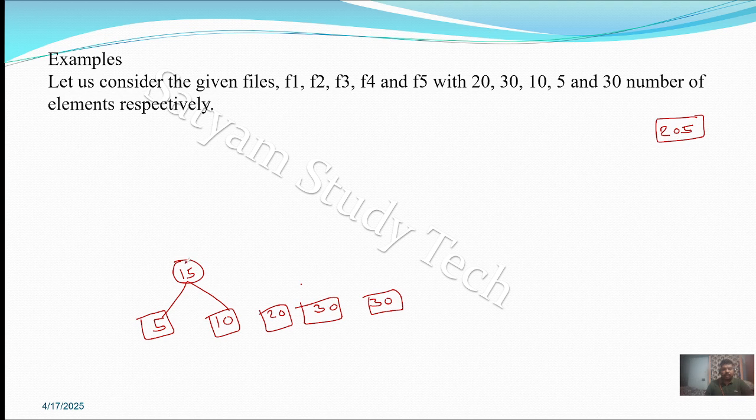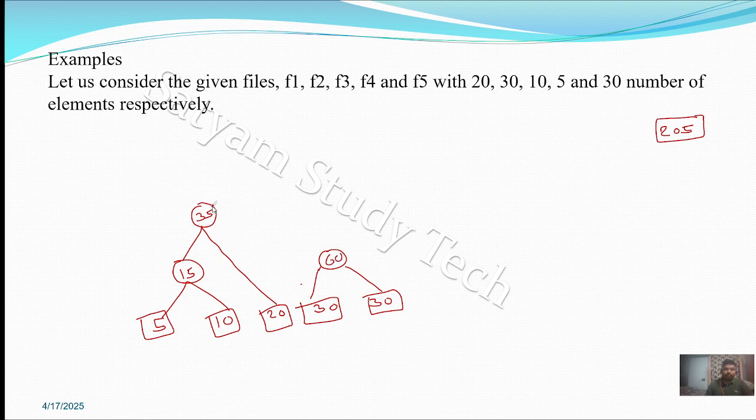So 15 and 20 is small, so we can merge these two. Here it is 35. Here the 30 and 30 are the minimum, so we can merge these two. Here 35, here 30 and 30. So these two files are small when compared to this file size, so it is 60.